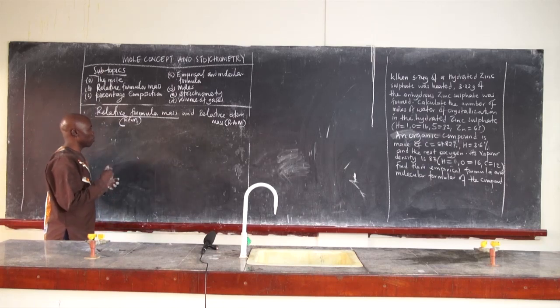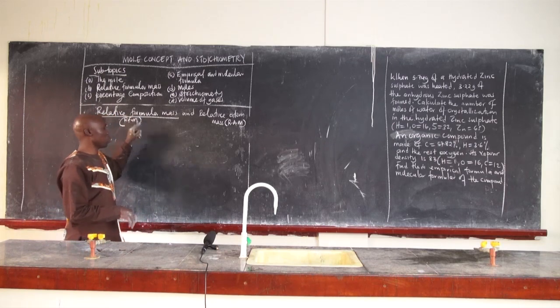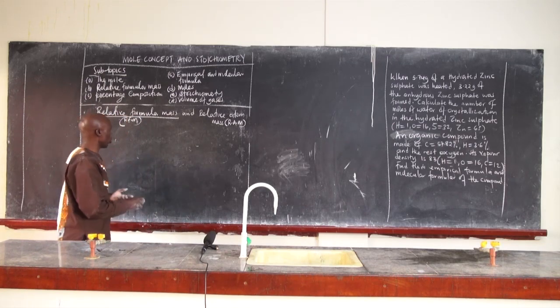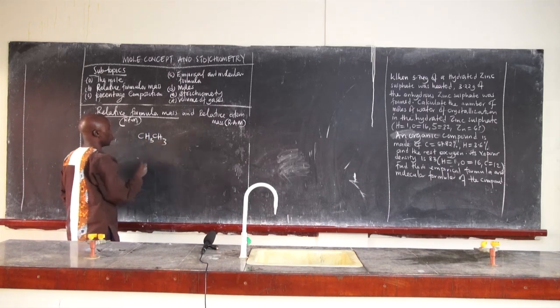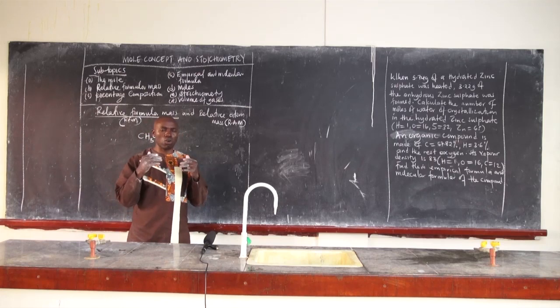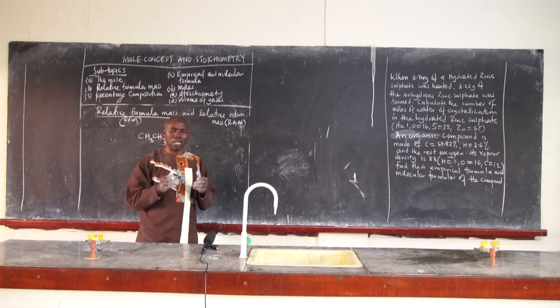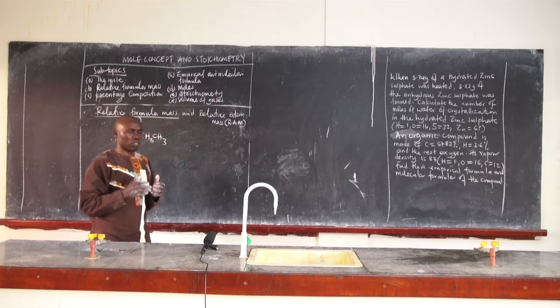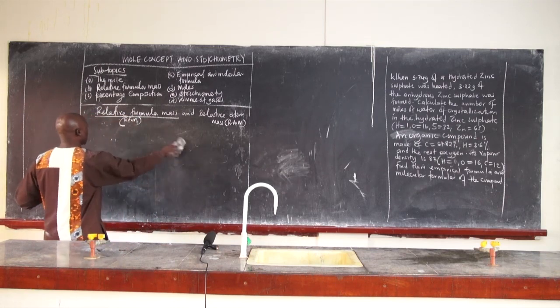Then the relative formula mass would now be referring to the formula. Formulas are for compounds. So when I determine the mass of 1 mole of molecules of a compound, or 1 mole of all the atoms found in a compound, I'm actually determining what we call the relative formula mass of that compound.